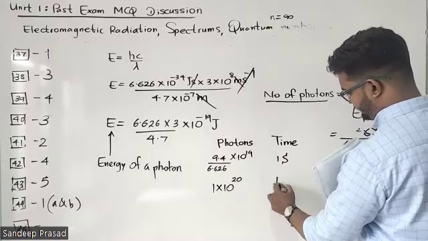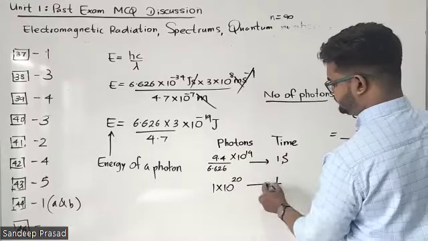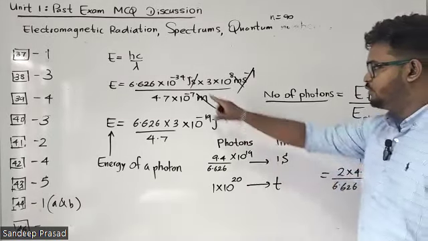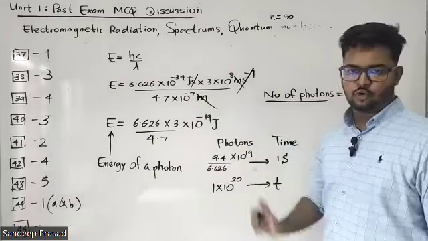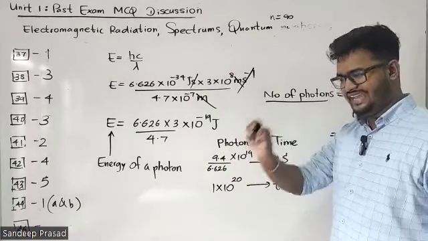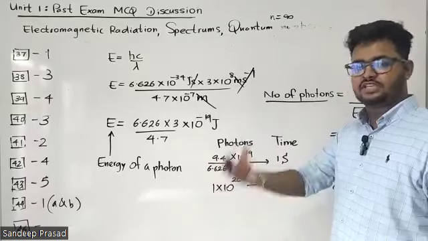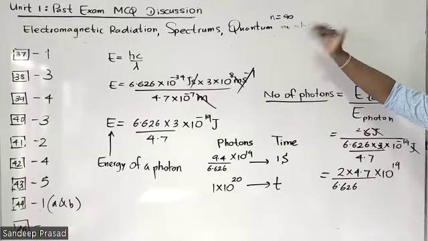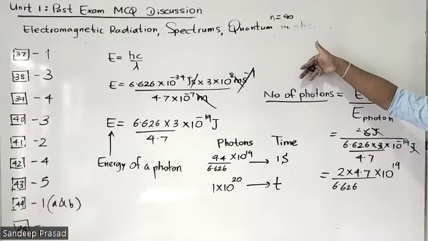Then we have to find that time. So that's all. Very easy. What we have done: first of all, we found the energy of a photon. And they have clearly mentioned in this question the energy emitted by this lamp is 6 joules. Then when you divide the total energy by the energy of just one photon, you will obtain the number of photons that totally emitted that energy from that lamp.